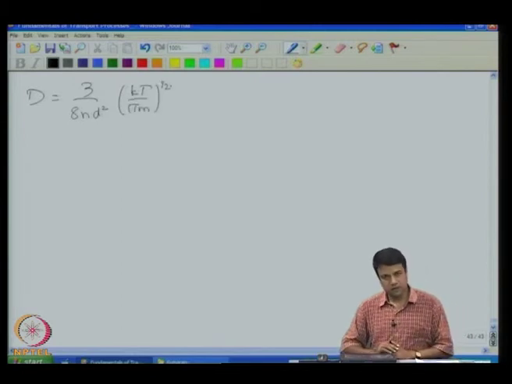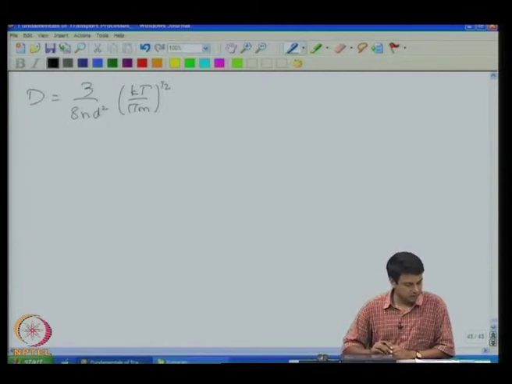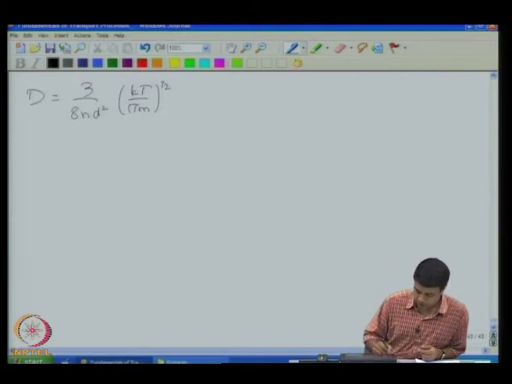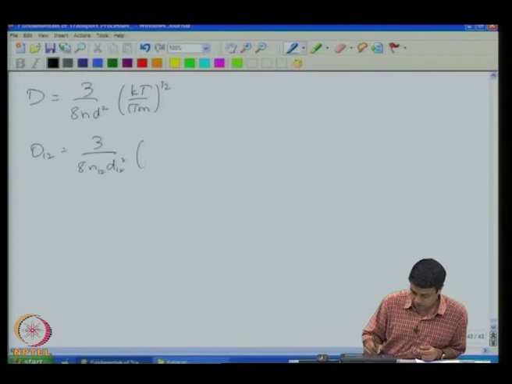This is for a single component, where the masses of the two molecules are not very different. And if you have multi-component diffusion, two species, this will be 3 by 8 n12 d12 square into kT (m1 plus m2) by pi m1 m2 to the power half.